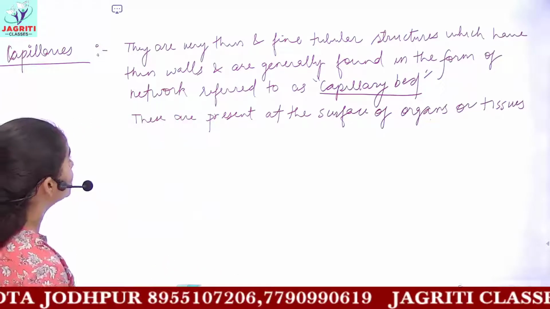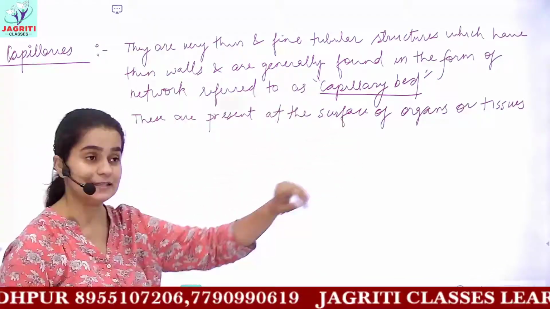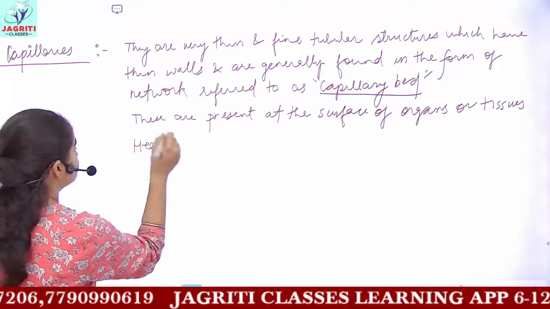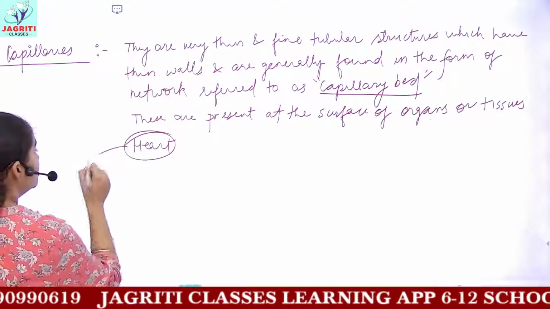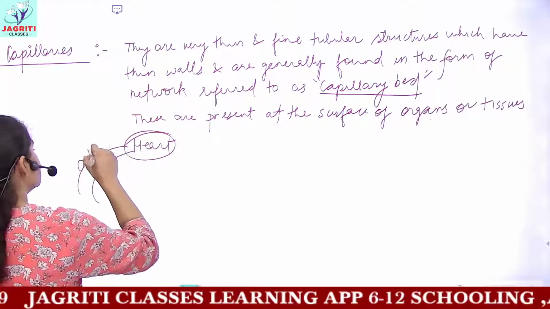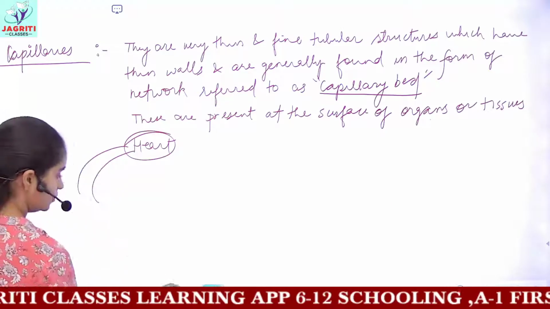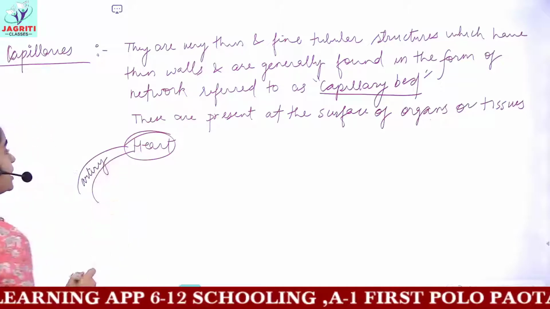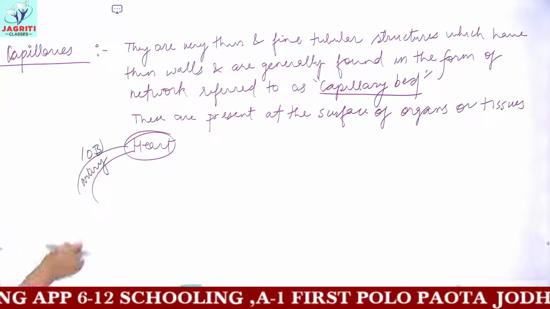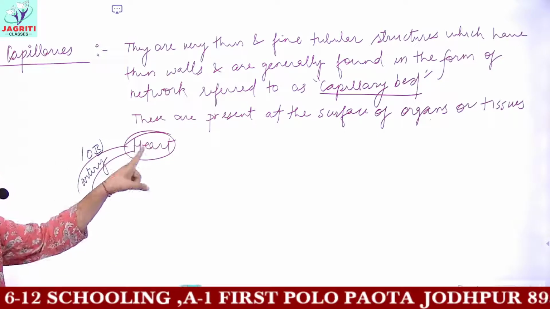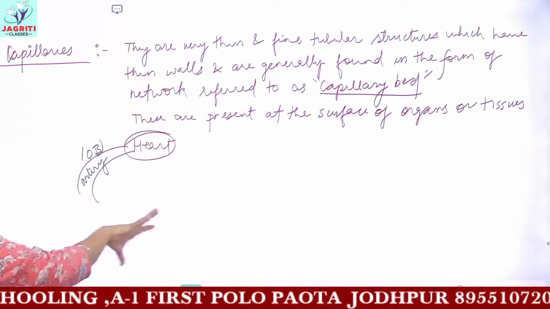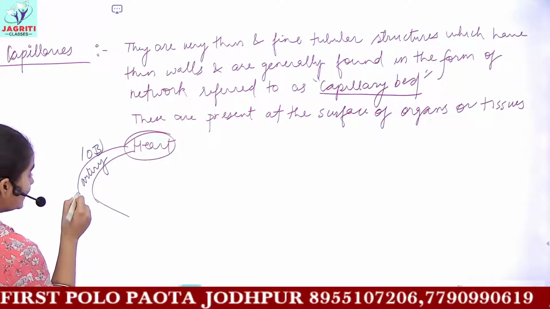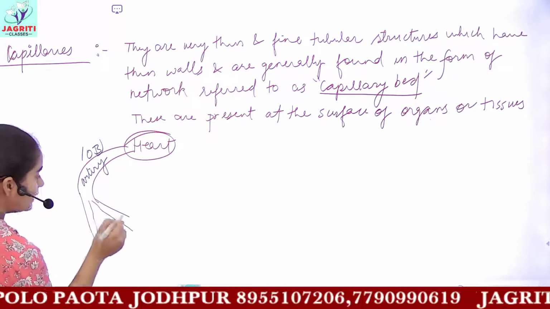Now let's try to understand these capillaries. How are they formed? So this we have as our heart, and from the heart you have different kinds of arteries which are carrying which kind of blood? Oxygenated blood, and their function is to carry oxygenated blood away from the heart towards the organs. When this artery reaches any organ, it gets divided into very fine blood vessels.